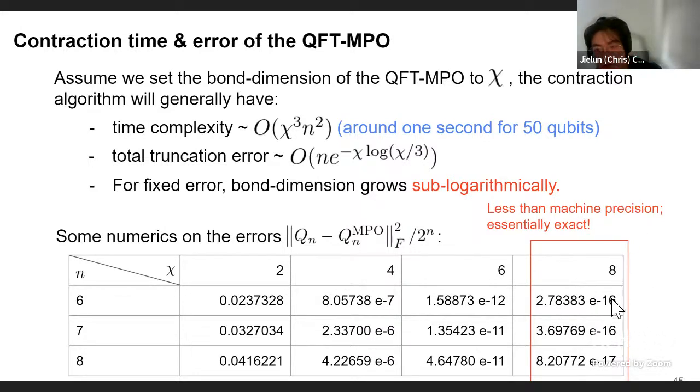You can see that if we set the bond dimension to 8, this is already less than machine precision. There's already fluctuation here, because for n equals 8 we actually observe a smaller error compared to the previous one. So essentially, for practical purposes, we can treat this as exact, or we can say that the bond dimension can be treated as constant because it grows so slowly.